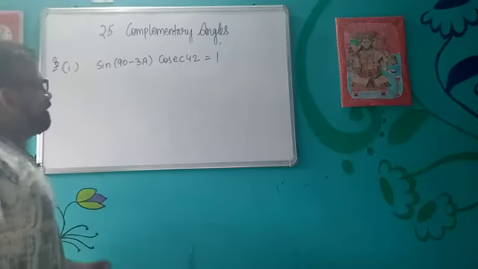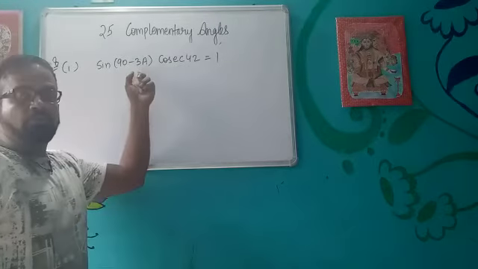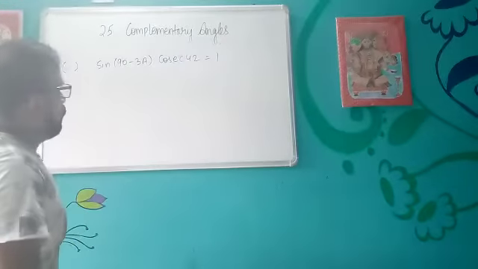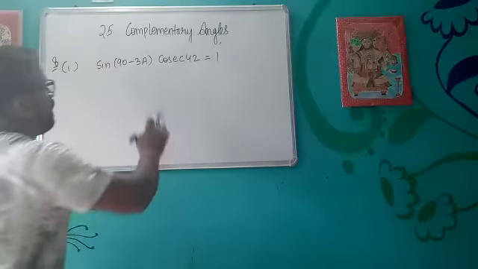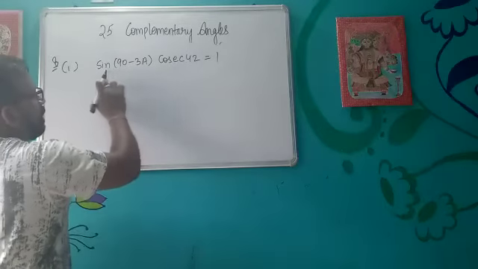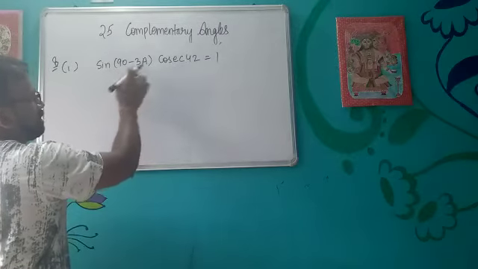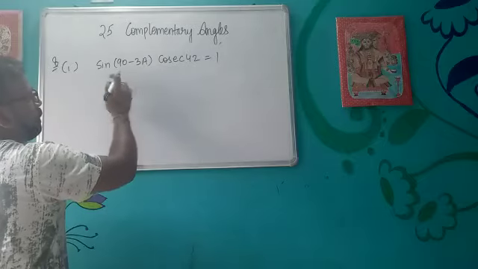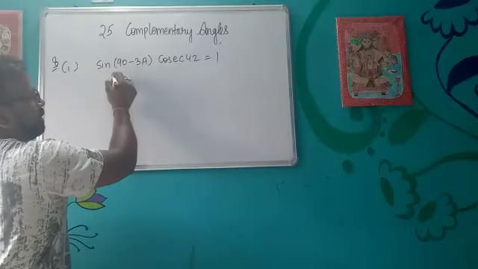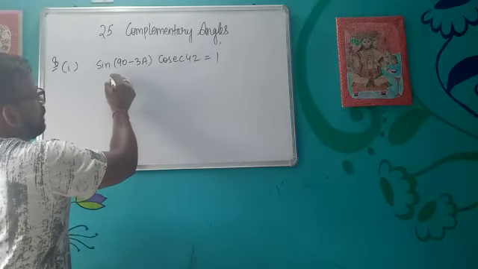Okay, so last question. In this we have to find the value of angle A. So how will we proceed? See, sin(90 minus theta) will be equal to what? Cos theta. So we will not change it.